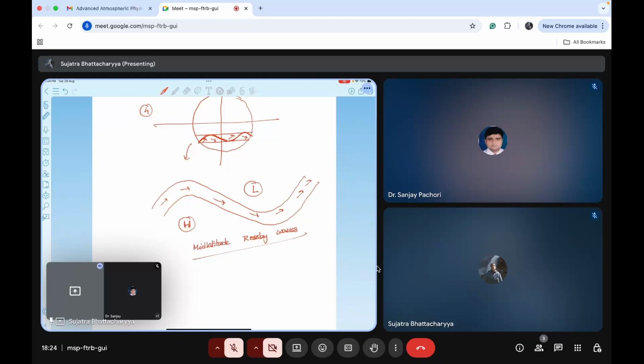This is a strong wave-like structure which circumferes the entire Earth, and its wavelength is very strong, as you can see from the planetary figure which I have shown in the video. Just remember for the time being that Rossby waves generally have a larger wavelength compared to any other waves like Kelvin or acoustic waves or other internal gravity waves. We will see much more when we derive these Rossby waves.